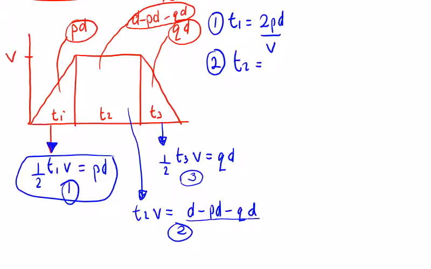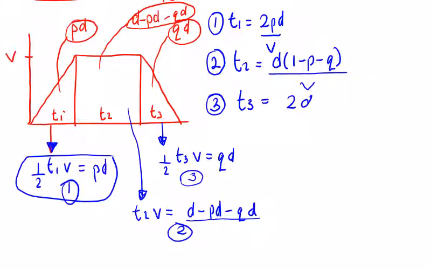I'm not sure if that'll help me, but let's factor out the d. It's going to be d times 1 minus p minus q, and we'd have to divide by v. And in the third triangle, we have T3. Will have to be equal to 2qd, not d, q first, 2qd divided by v.